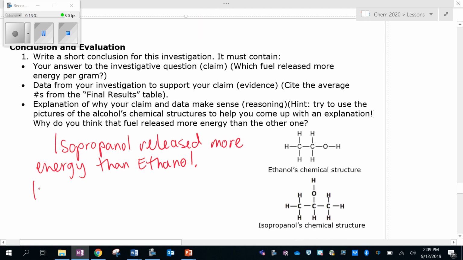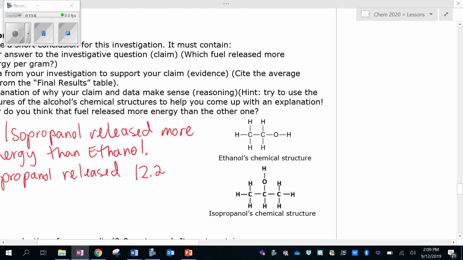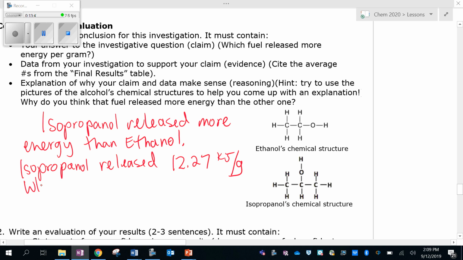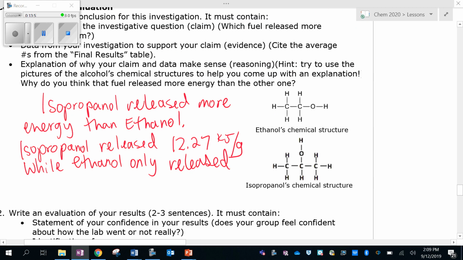Cite the averages. So we're just going to say isopropanol released, what was it, 12.27 kilojoules per gram, while ethanol only released 10.88.